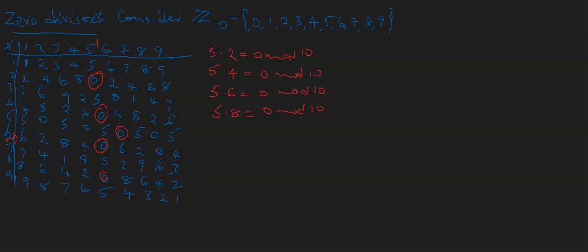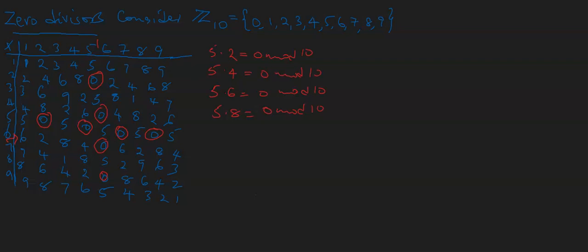5 and 6 the same as 6 and 5. 8 and 5 the same as 5 and 8. 4 and 5 the same as 5 and 4. 5 and 2 the same as 2 and 5.